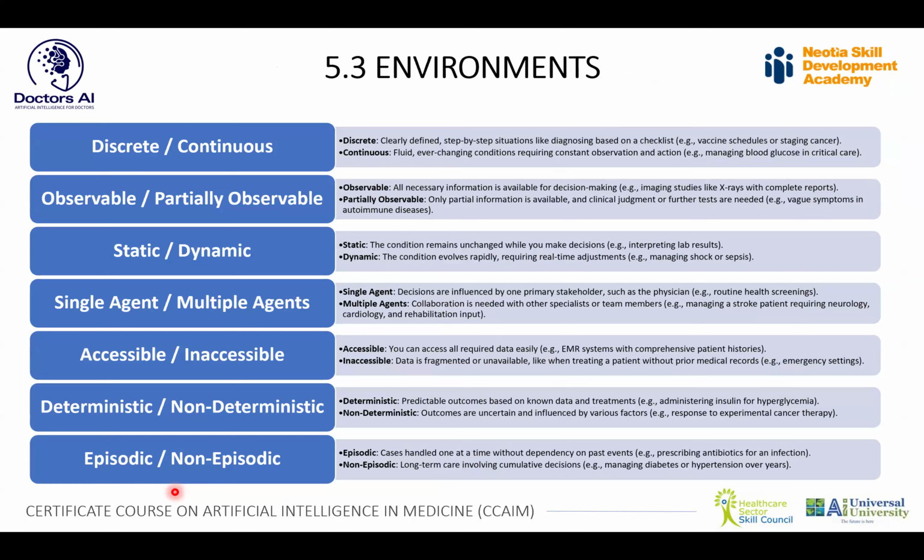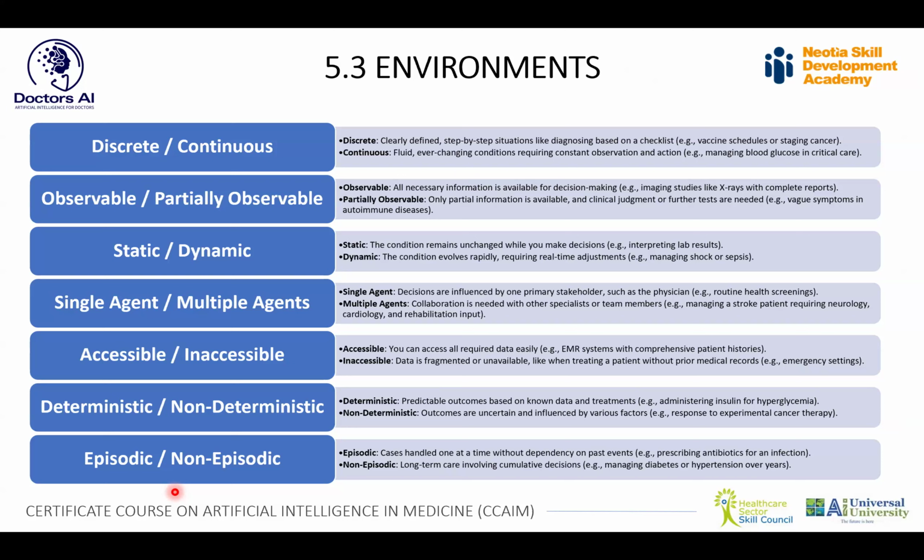For example, discrete and continuous environments, right? Discrete is a clearly defined step-by-step situation, like diagnosing based on a checklist. Continuous is fluid, ever-changing conditions requiring constant observation and action. For example, managing blood glucose in critical care. That's a continuous environment, consistently changing.